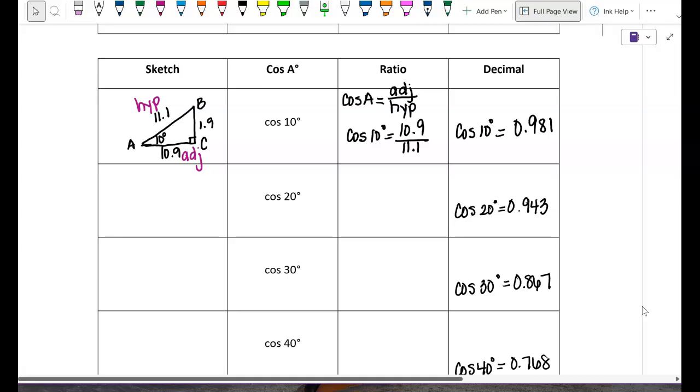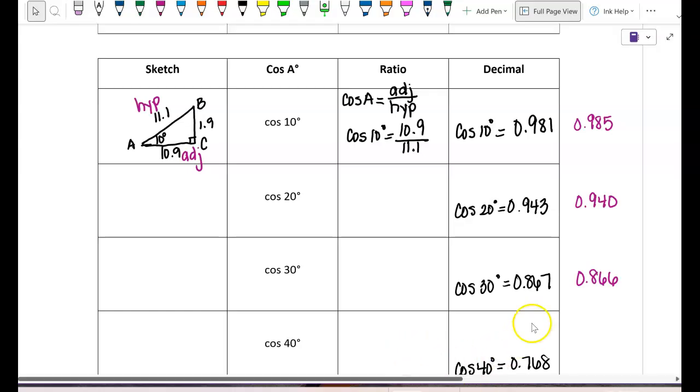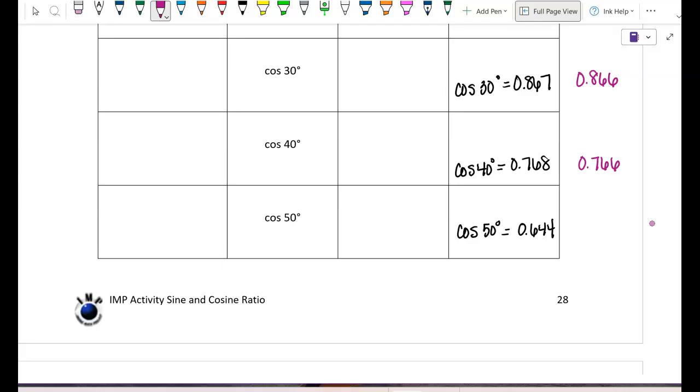So the cosine of 10, the calculator value is actually 0.985. The cosine of 20, 0.940. The cosine of 30, 0.866. The cosine of 40, 0.766.